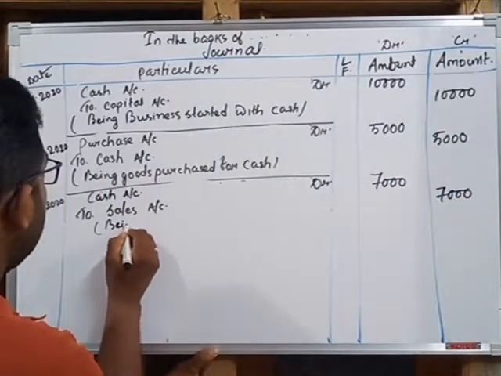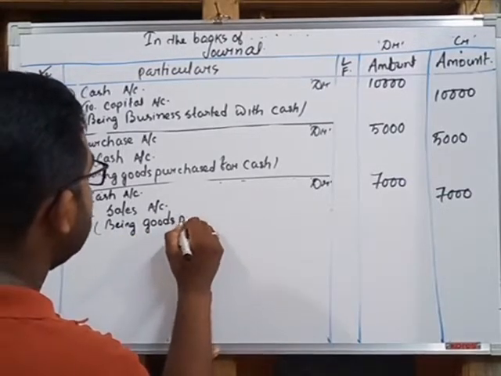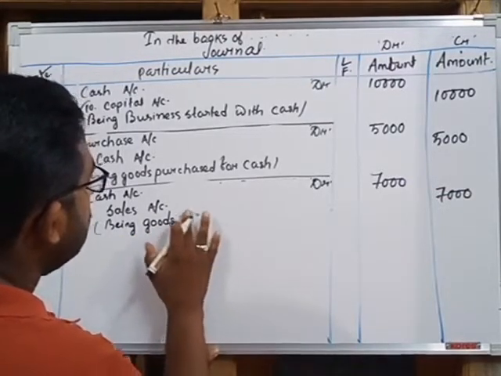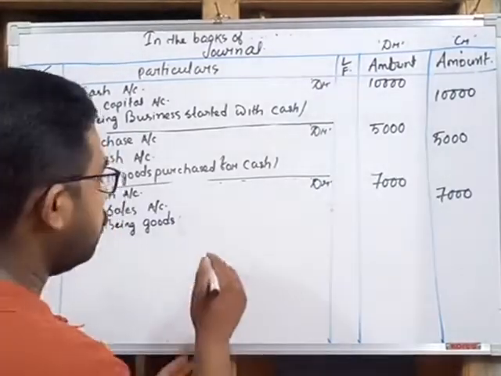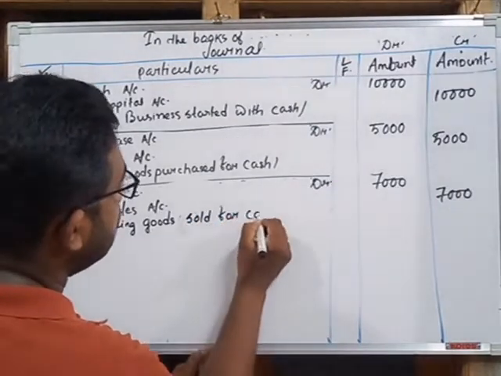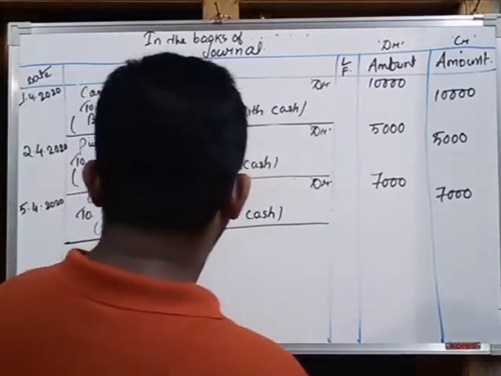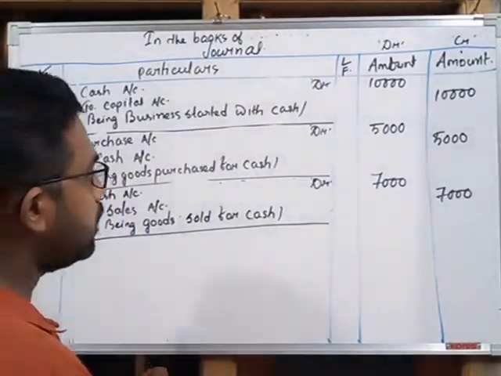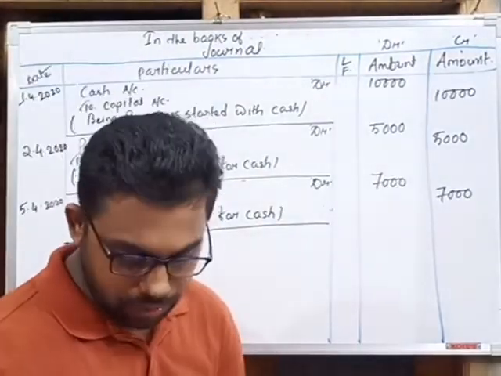Being goods sold for cash. So this is the entry for the transaction, that is goods sold for cash rupees 7,000.